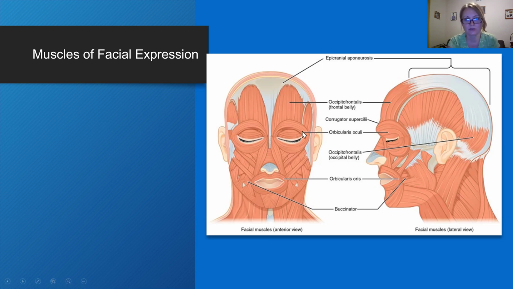Another muscle shown here is orbicularis oculi. That's a circular muscle around your eyes, and orbicularis oris is around your mouth. You do have lots of other muscles here, for example mentalis, depressor anguli oris, and the zygomaticus muscles.